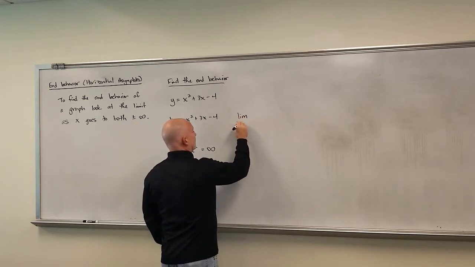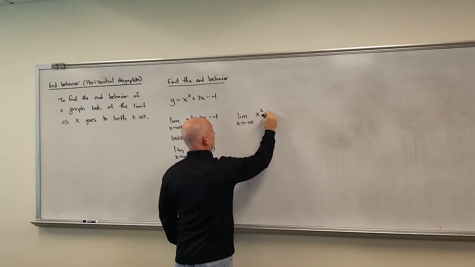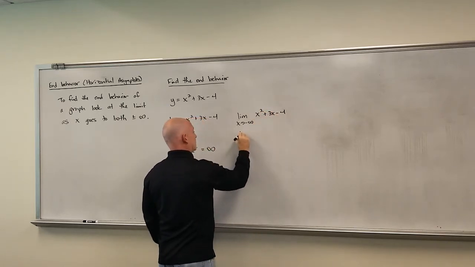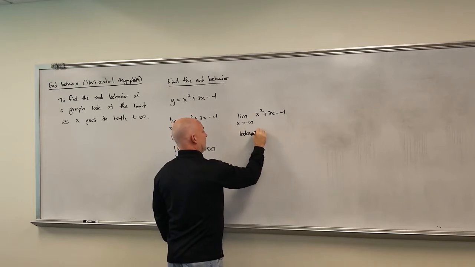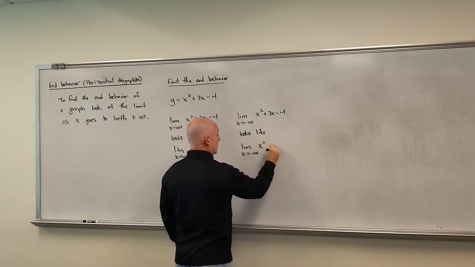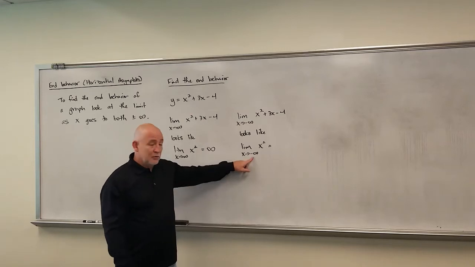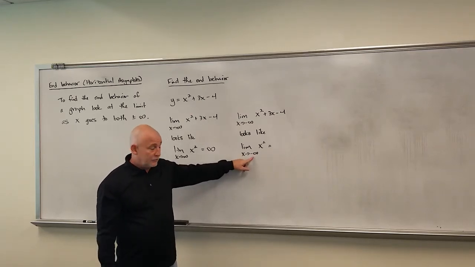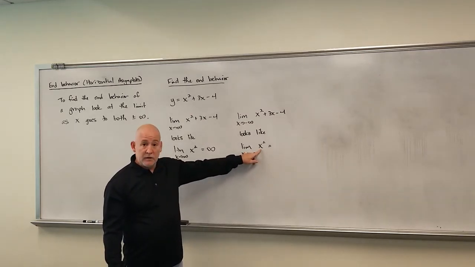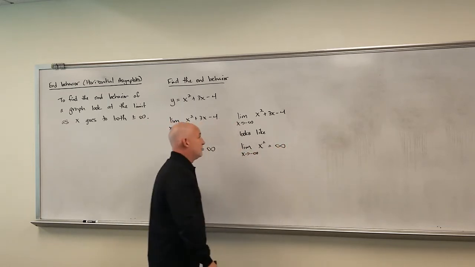If we do the limit as x goes to negative infinity of x squared plus 3x minus 4, we do the same method. This behaves like the limit as x goes to negative infinity of x squared again. Now we're going to negative infinity, which means all of our numbers are negatives. However, a negative squared is a positive, so this is still heading towards positive infinity.